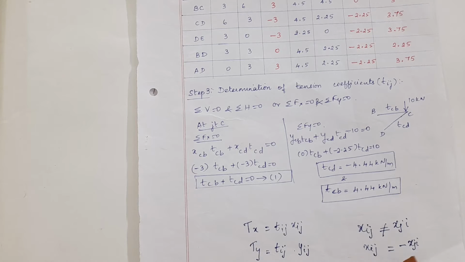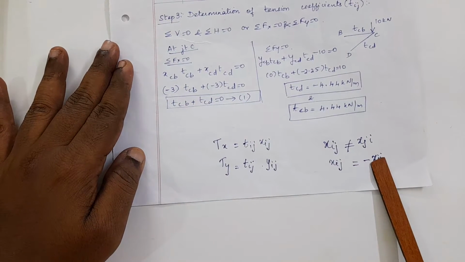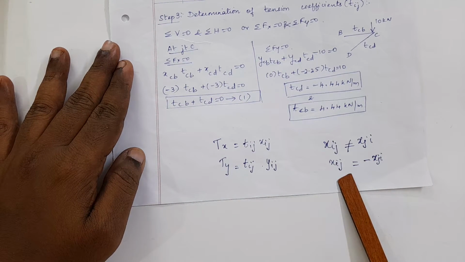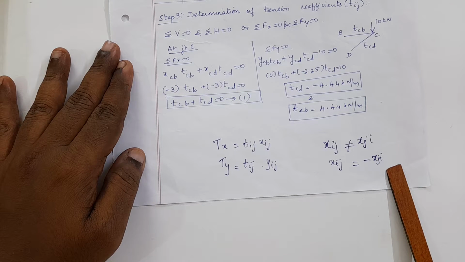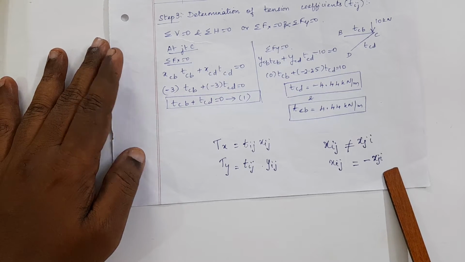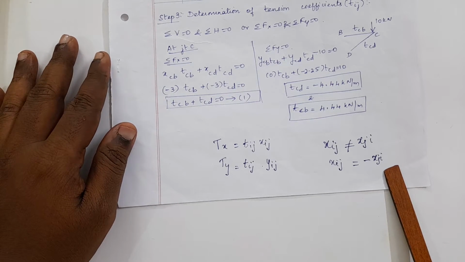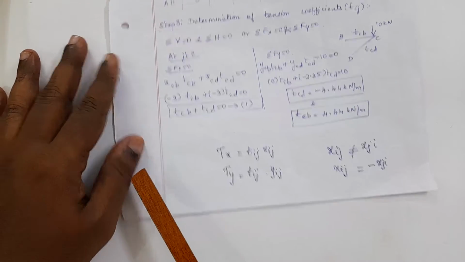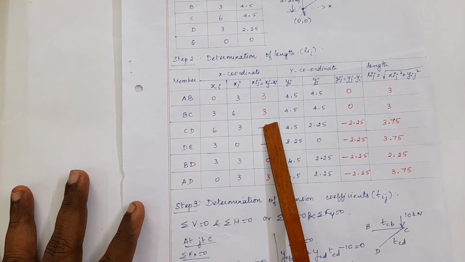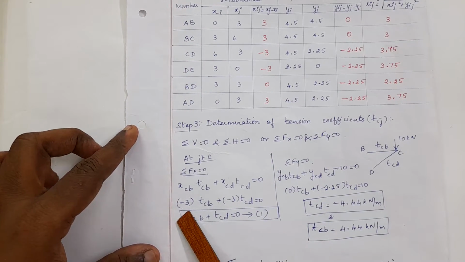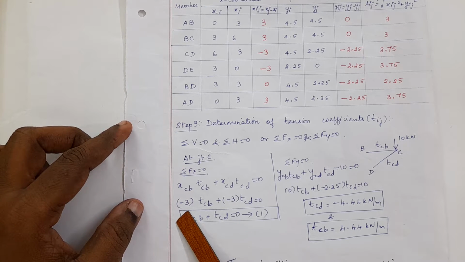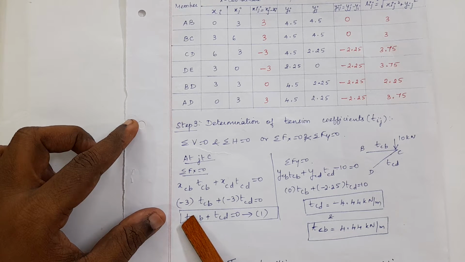I can write a statement like this: Xij is not equal to Xji, but Xij is equal to minus Xji. Same way for y coordinate and z coordinate. So in BC I had 3. In CB I need to put the opposite sign because my near end and far end have exchanged now.